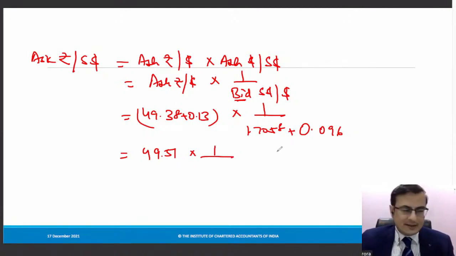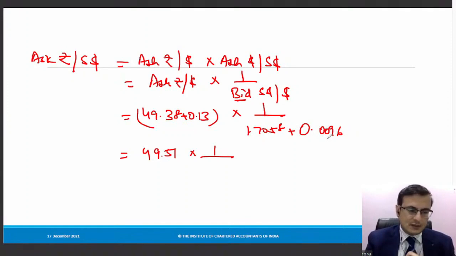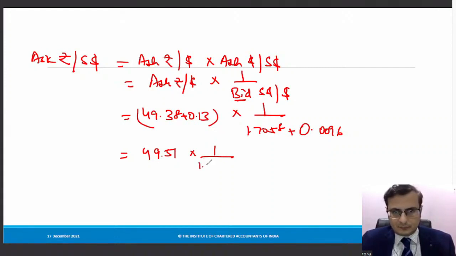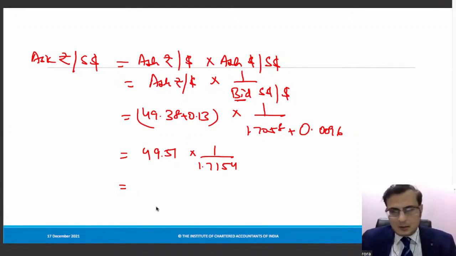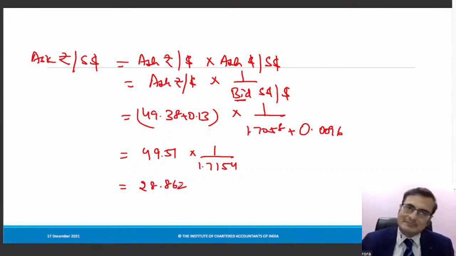Sorry, 0.0096. There only 96 was given, so 0.0096. So this comes at 28.862. Clear? You just have to tell this. And you can write the total here.